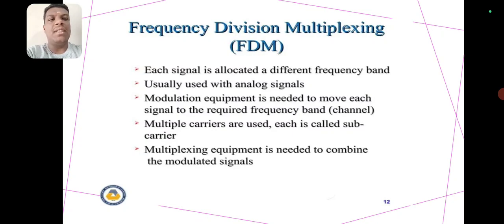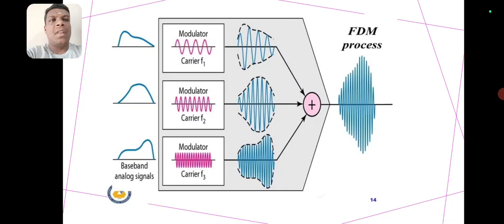Multiplexing equipment is needed to combine the modulated signals. You can see the FDM process where modulator F1, modulator F2 and modulator F3 are added together, and the single FDM signal, a sine wave, is given.